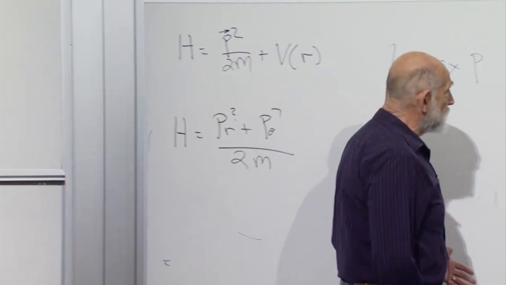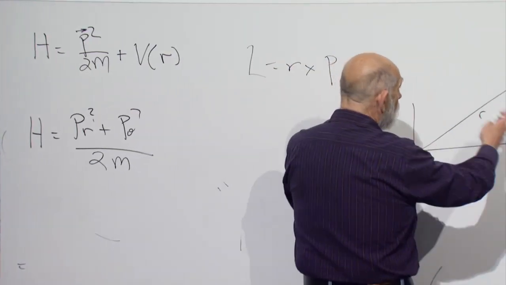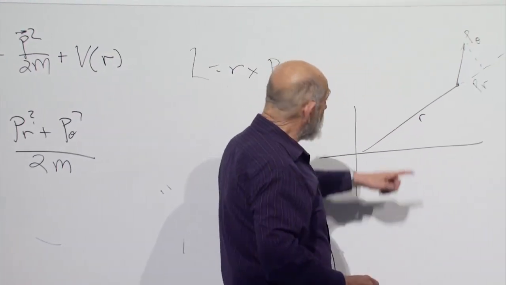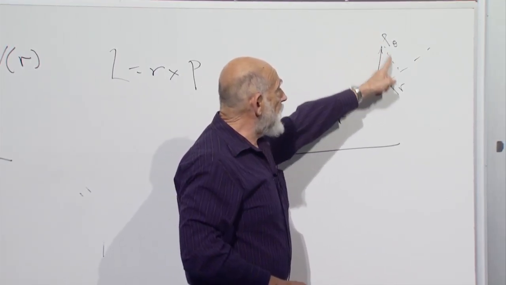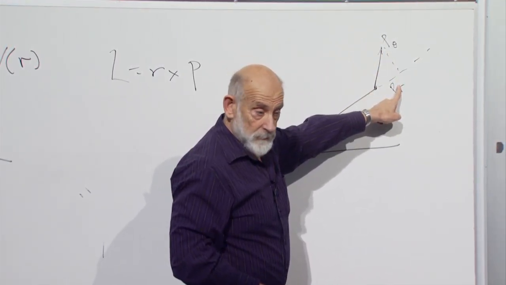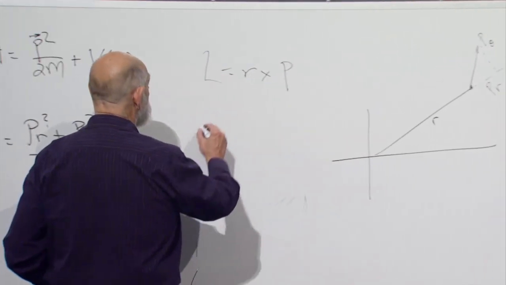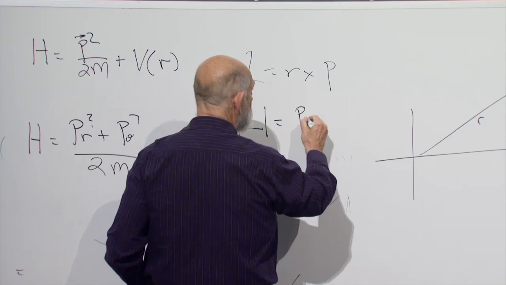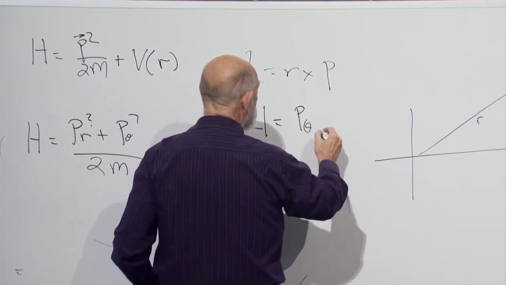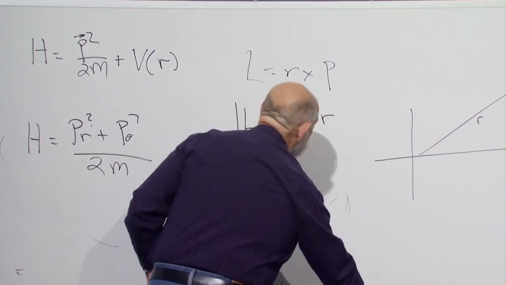r cross p, the magnitude of it, is the magnitude of r times the magnitude of p theta. So the magnitude of the angular momentum is equal to p theta times r, everybody.